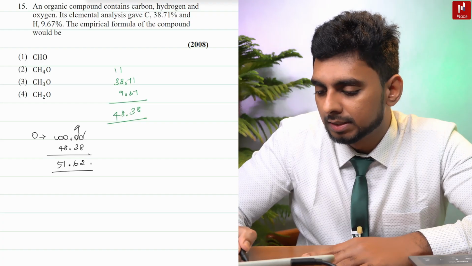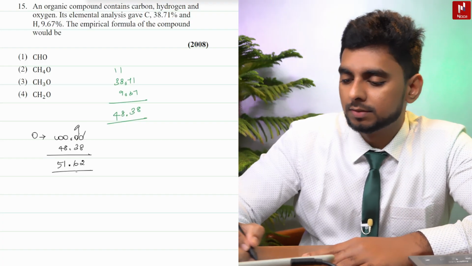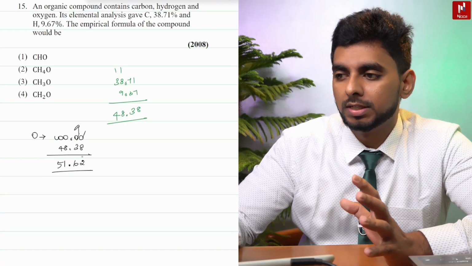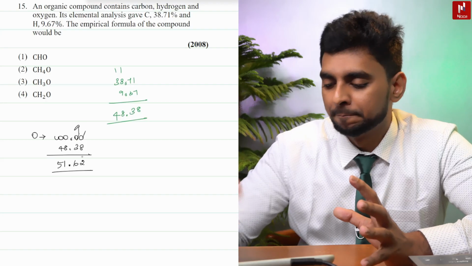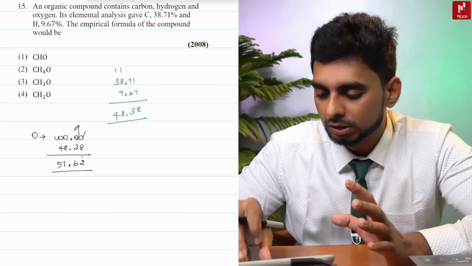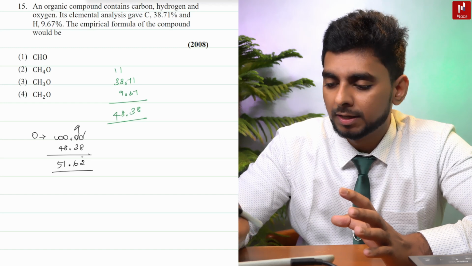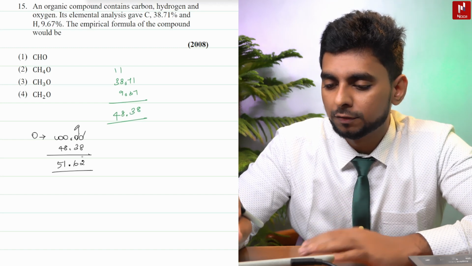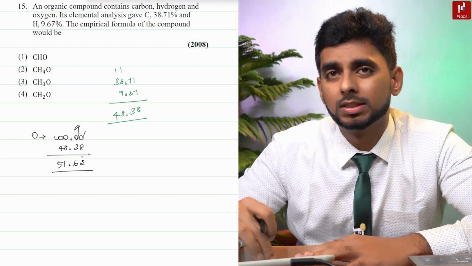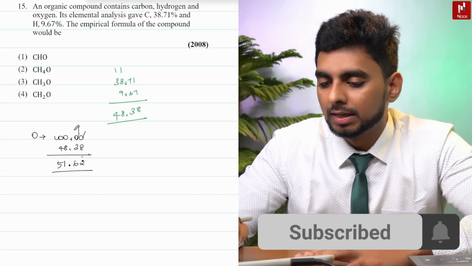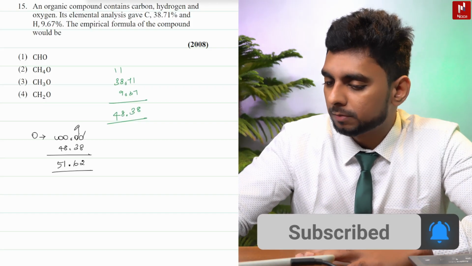So in 100 gram of this mixture, 51.62 gram of oxygen will be there, 9.67 gram of hydrogen will be there, and the same way 38.71 gram of carbon will be there. So this is the elemental analysis for this organic compound.